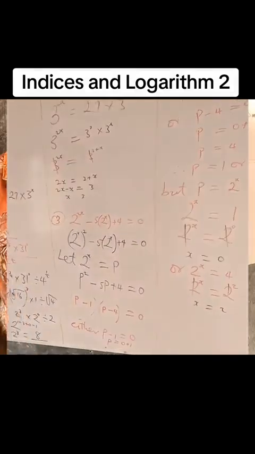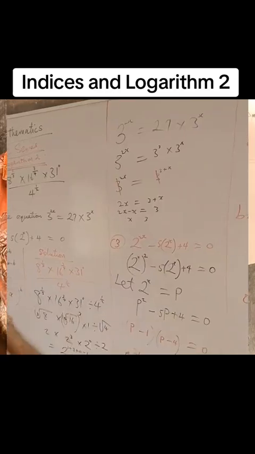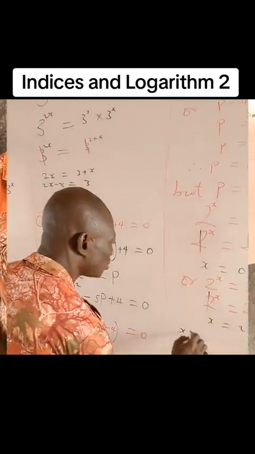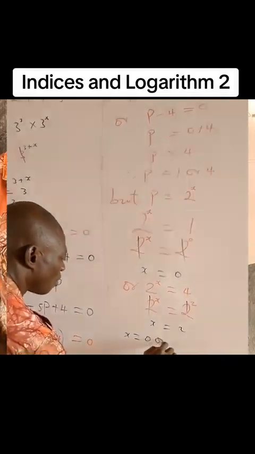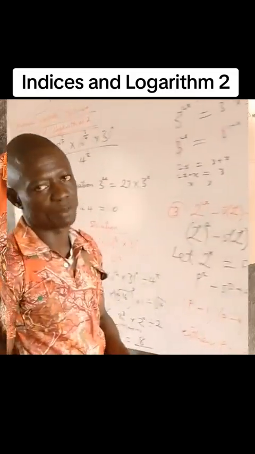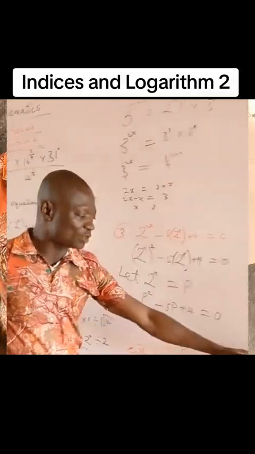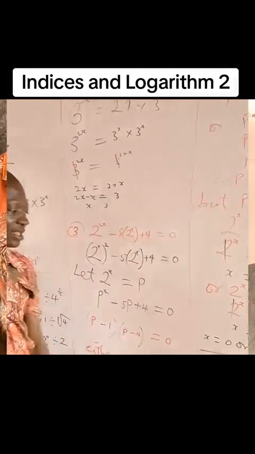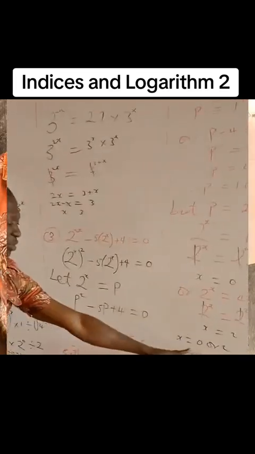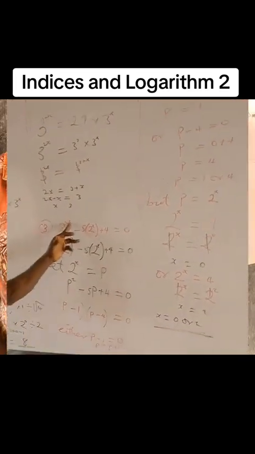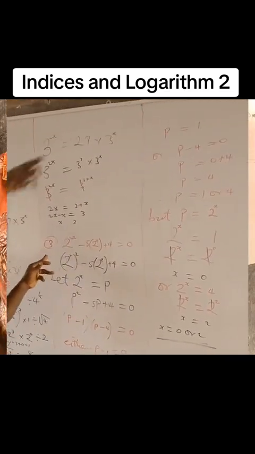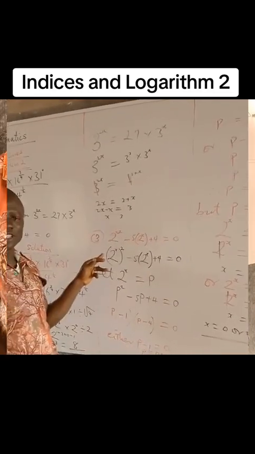We've gotten the two answers for this equation. The two answers are x is equal to 0 or 2. Just note that we cannot have both of them at the same time. It's either we use 0, put 0 here, and everything here is going to give you 0, as we have on the other side of the equation.